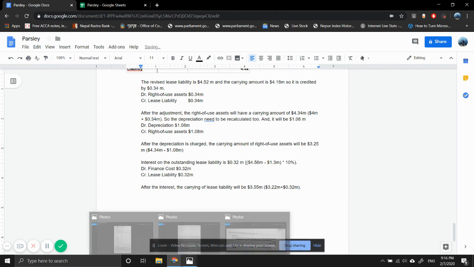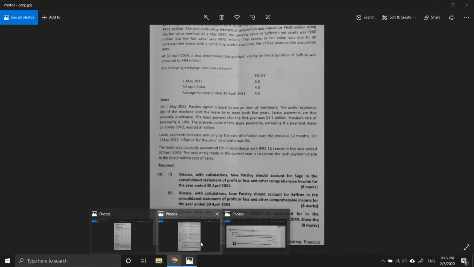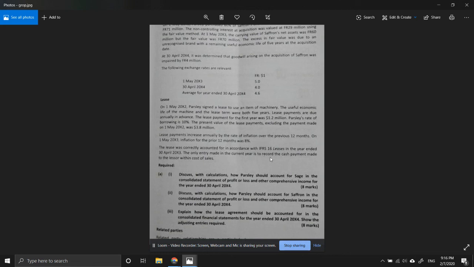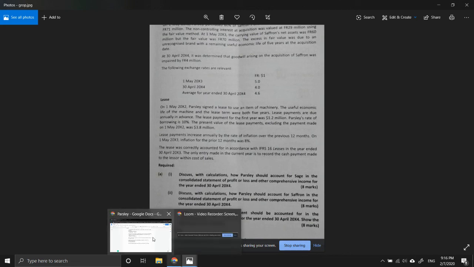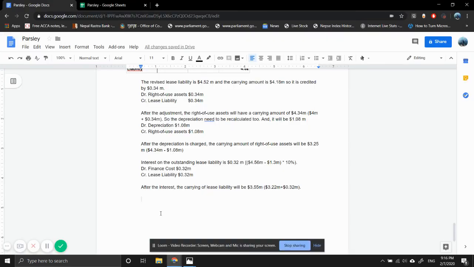And there is something else as well we need to do. So cost of sales has to be reversed, right? Sorry, the entry for cash payment is, so debit, what should we do?